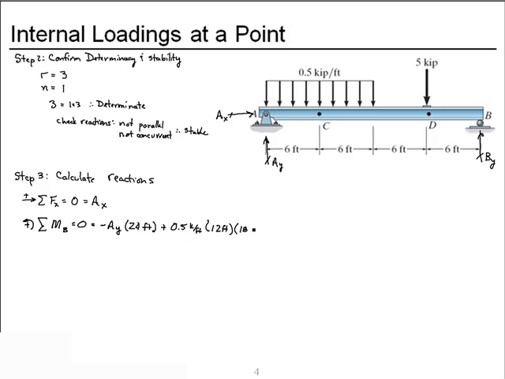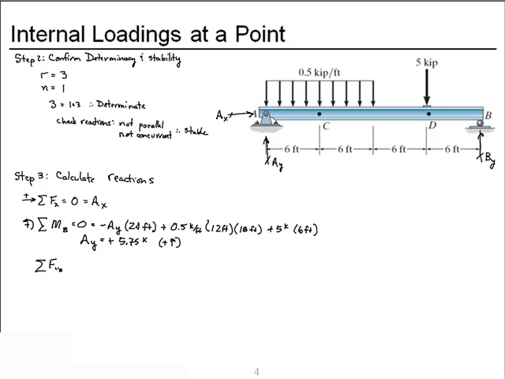Its distance from point B is 18 feet. And the concentrated force, 5 kips, acting through 6 feet. We get a vertical reaction, AY, of a positive 5 3/4 kips, which means it's in the direction drawn.